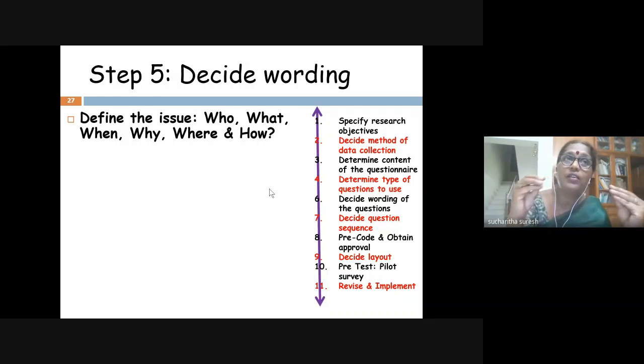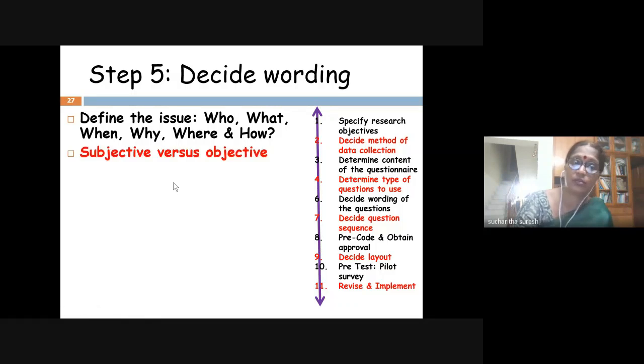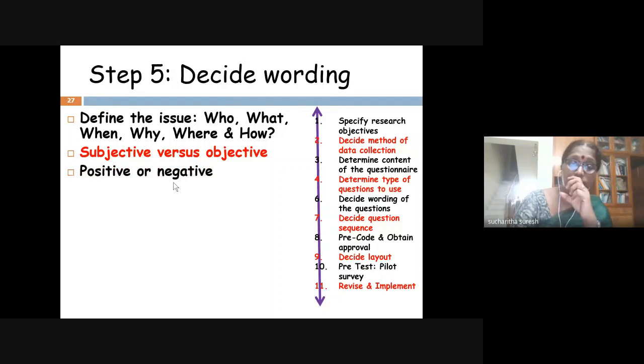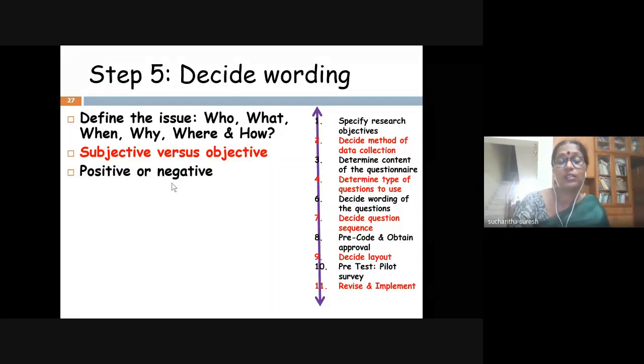Whenever you give statements, and the response is a rating scale, you have to give the statements. We can use words or questions asking who, what, when, why, where, and how, or subjective versus objective, or positive questions, or negative questions also you can give.